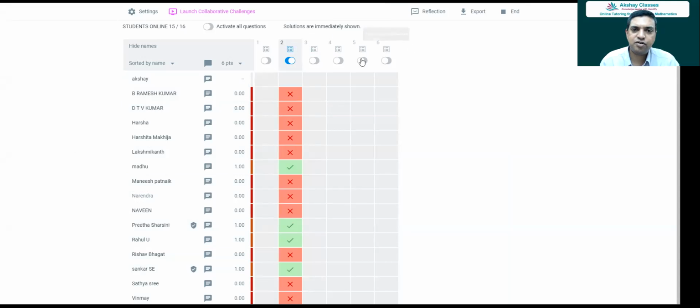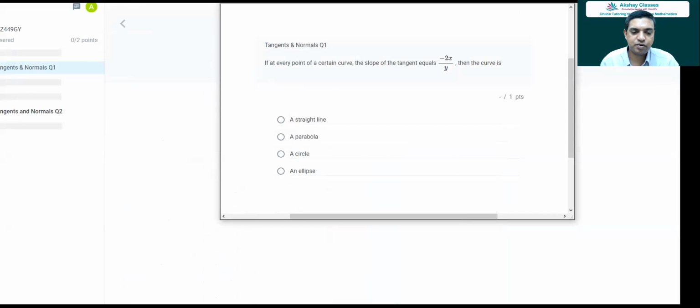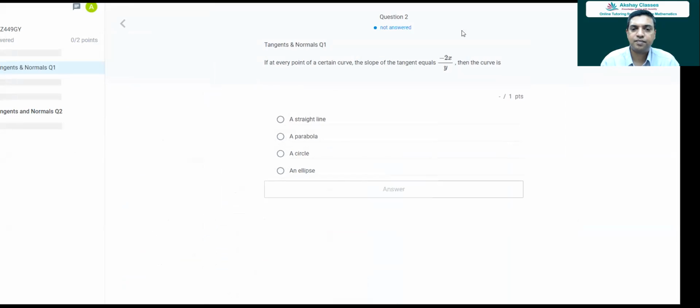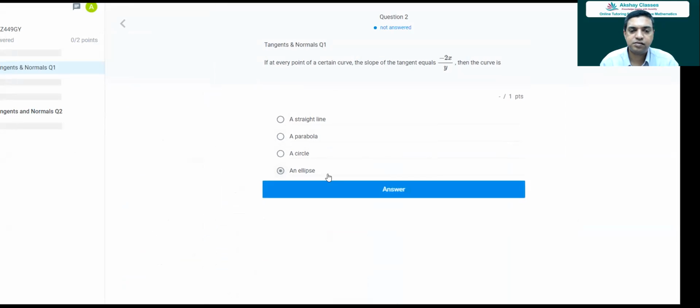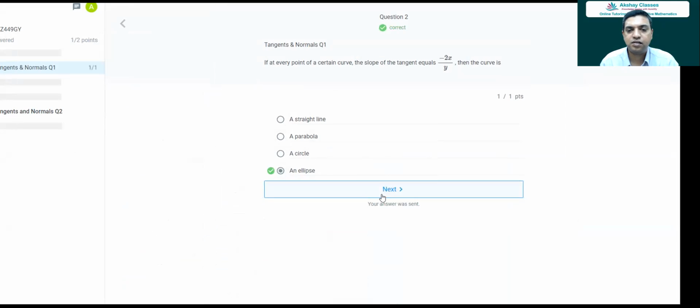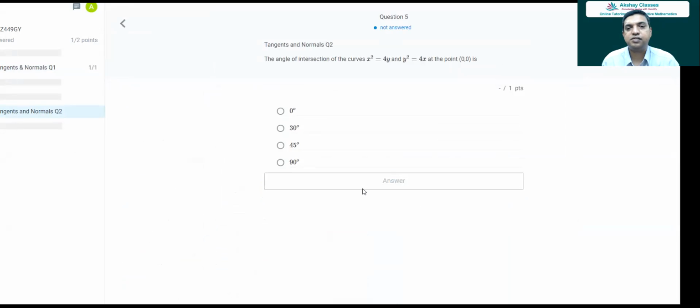Next, tangents and normals. I think the 5th and 6th questions are tangents and normals. So look at the next question. Yes, look at this question.